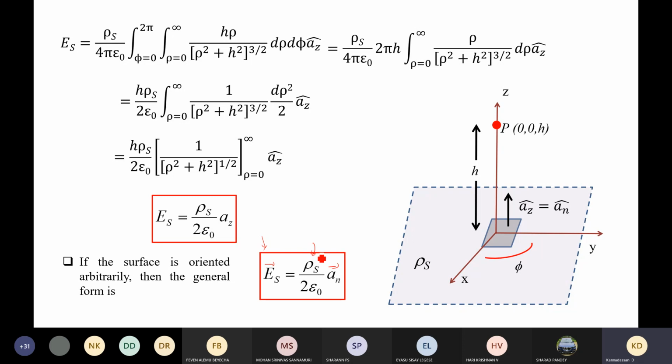Here the 4 pi is gone, only 2 is left, and epsilon naught is available. Even the height of the particular point of observation is gone.